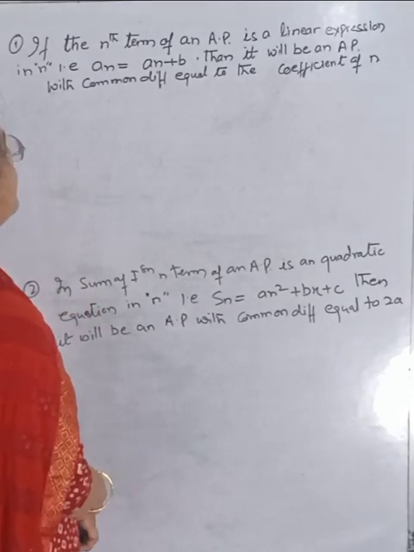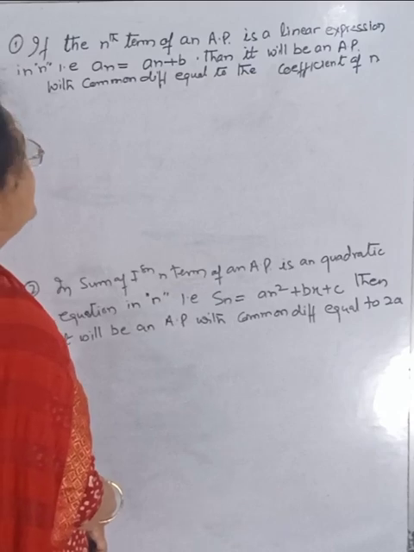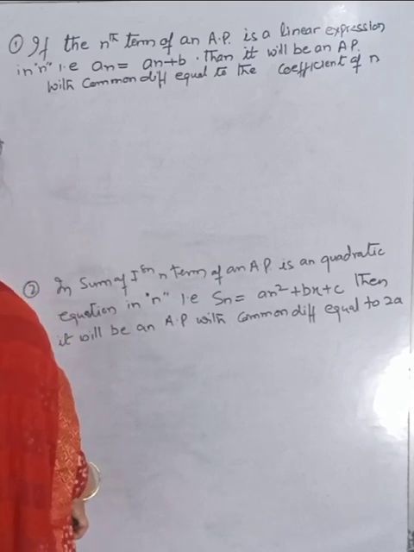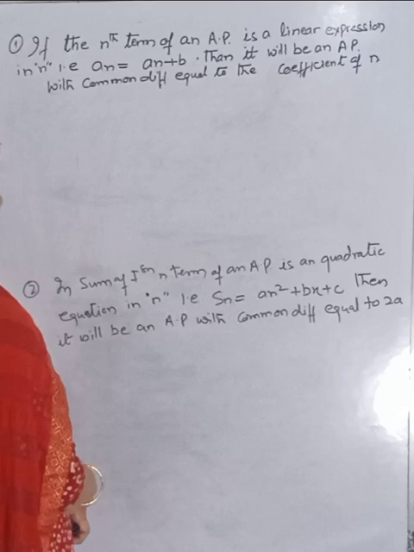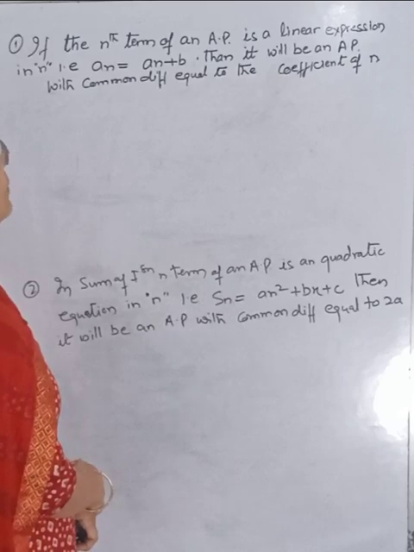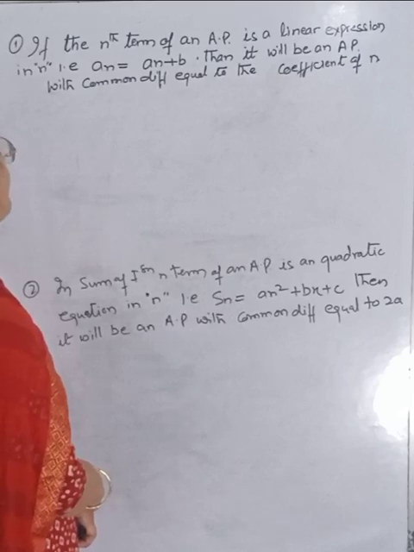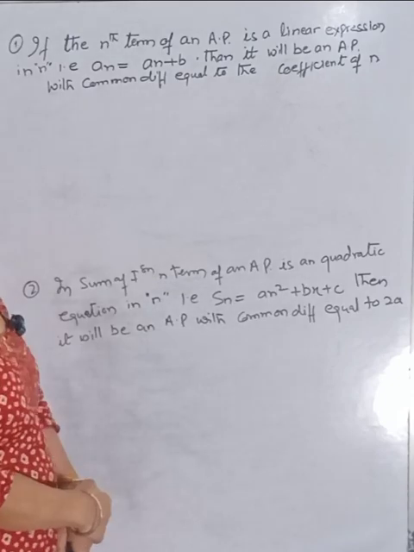If the nth term of an AP is a linear expression in n, that is an plus b, then it will be an AP with the common difference equal to the coefficient of n.